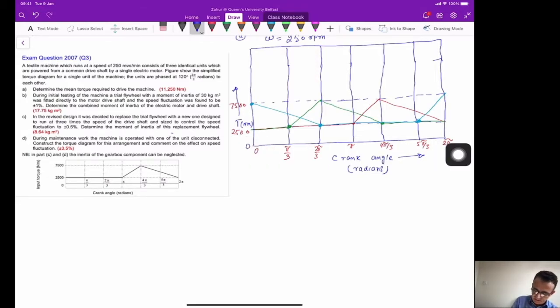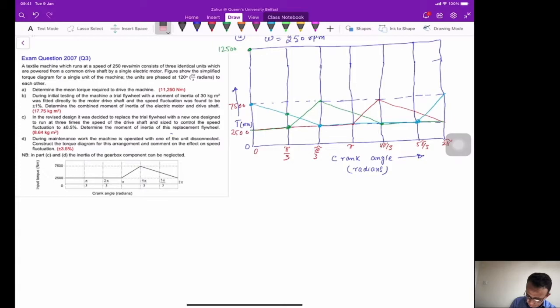So the value should go to this point here, which is 12,500, and the units are obviously Newton meters. And then this point here, between the two lines, is 5,000.